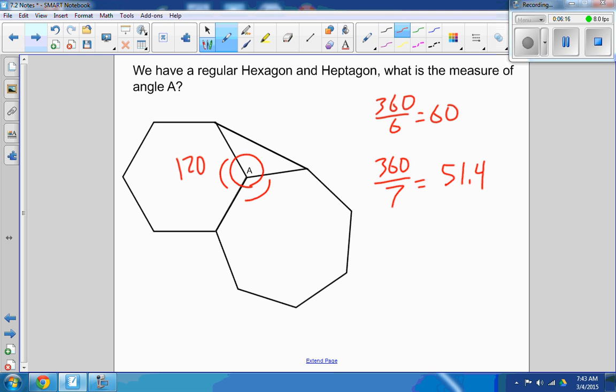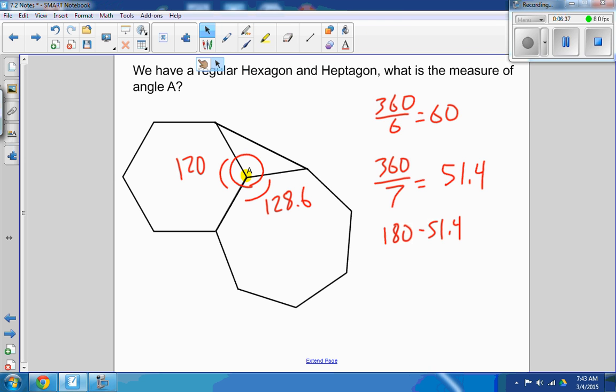So the interior angle has to be 180 minus that. Because remember the interior and exterior angles add up to 180, so the interior angle is 128.6.